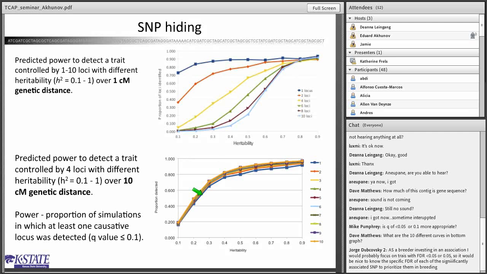The question from George: as a breeder investing in association, I would probably focus on a trait with the FDR 0.05, so it would be nice to know the specific FDR of each of the significantly associated SNPs to prioritize them in breeding. Yeah, so I think that the Q value would tell you about your experiment-wise error rate.